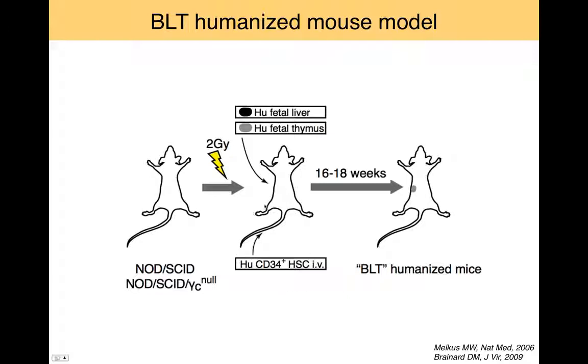And over the course of the next few months, these mice reconstitute with a peripheral human immune system that is not fully functional, but that has many important functions of a human immune system recapitulated, and importantly, which can be infected with HIV. These mice, after 3 to 4 months, we call BLT, bone marrow, liver, thymus, humanized mice.